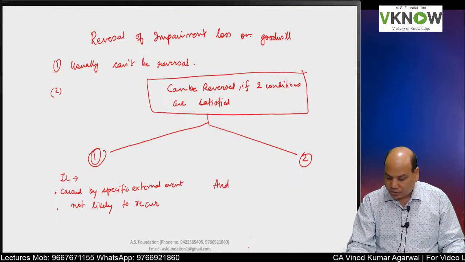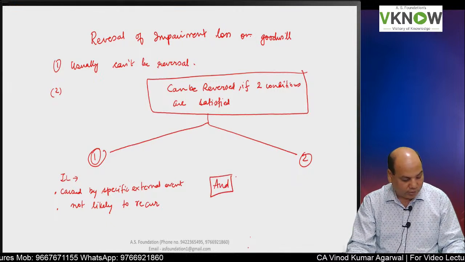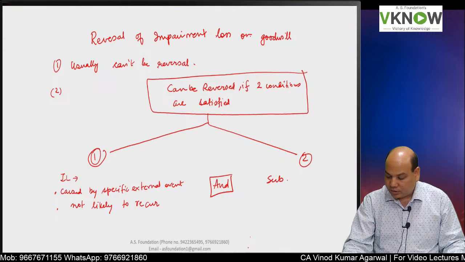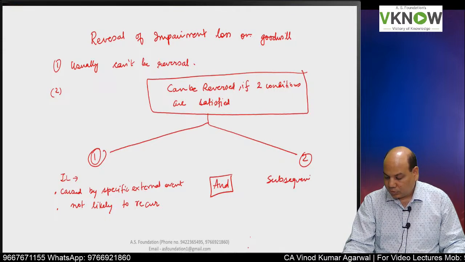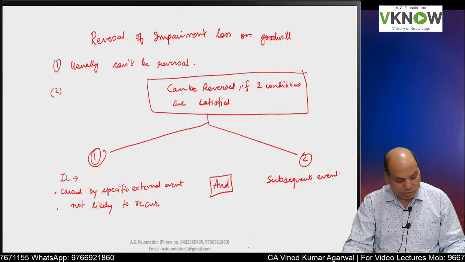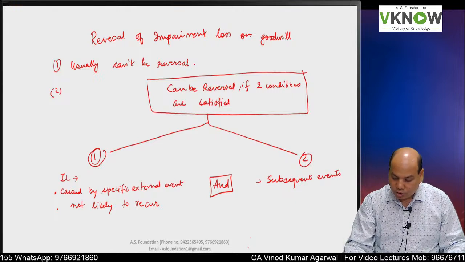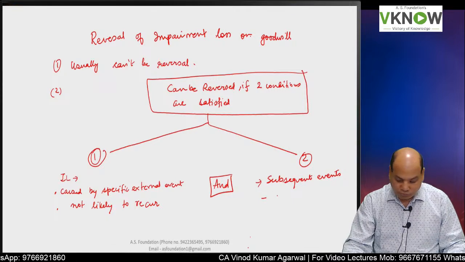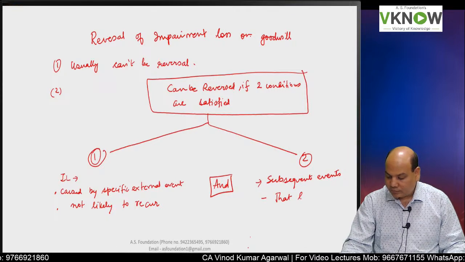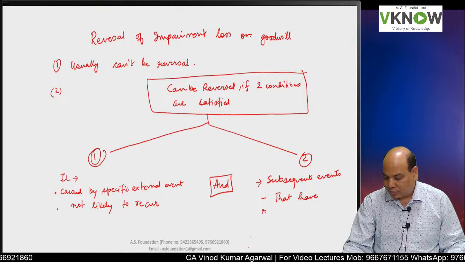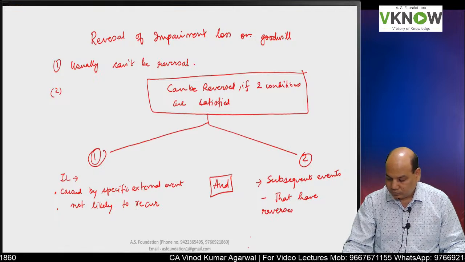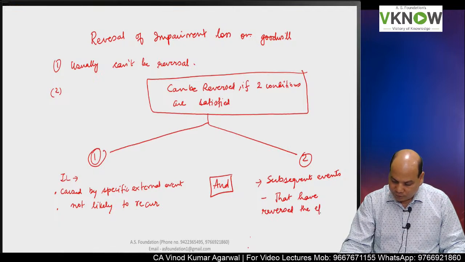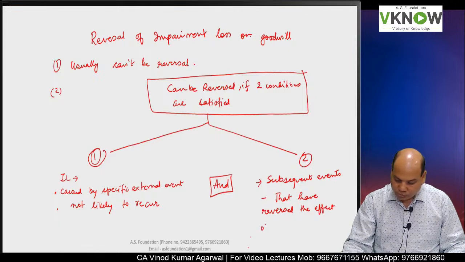And that means both conditions are to be fulfilled: subsequent events have occurred, and that have reversed the effect of that event.